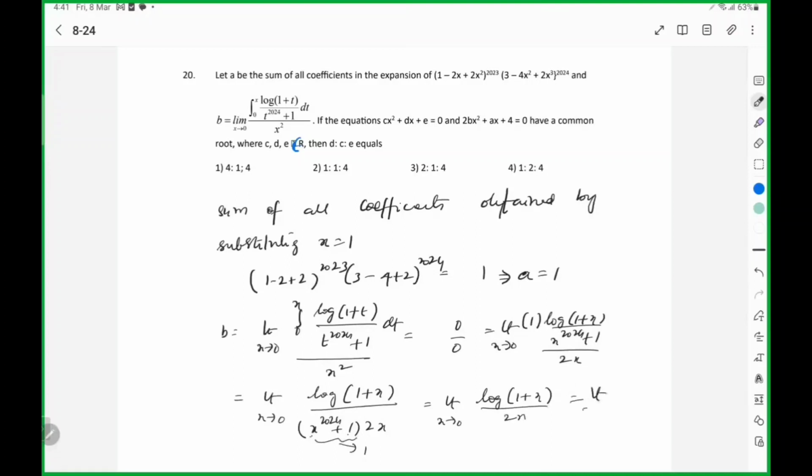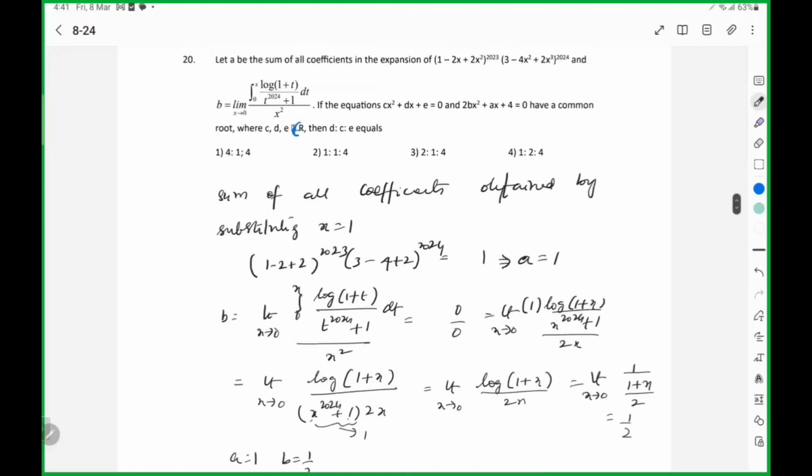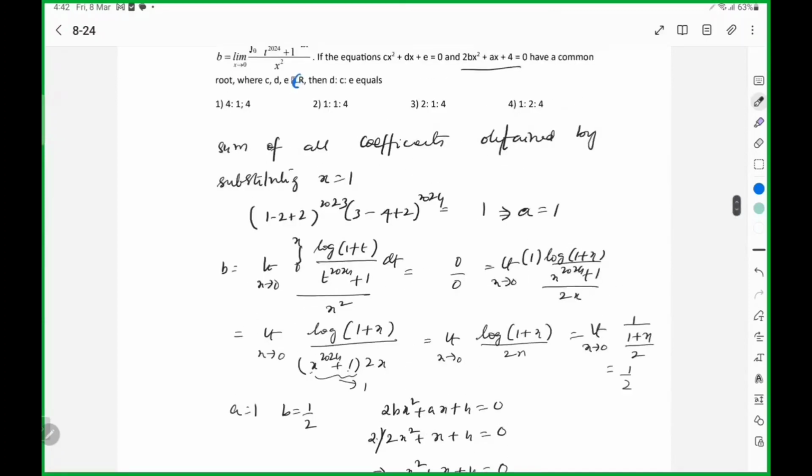Again 0 by 0, we get 1 by 1 plus x, which gives half. So A is 1, B is half. We have 2bx square plus ax plus 4 is 0. With B half, we get x square plus x plus 4 is 0.